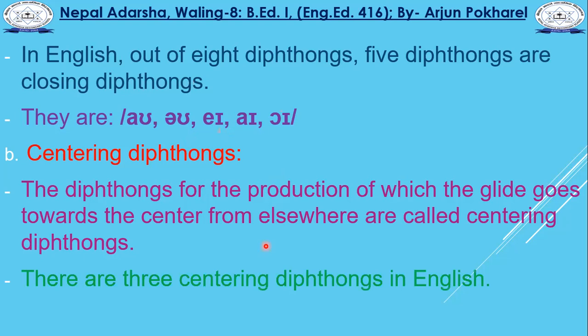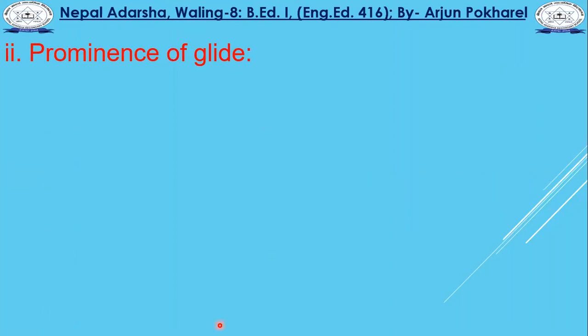There are 3 centering diphthongs in English, and they are the diphthongs ending in schwa. They are centering diphthongs.